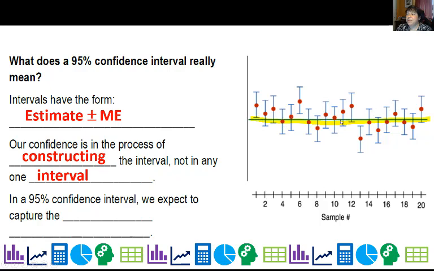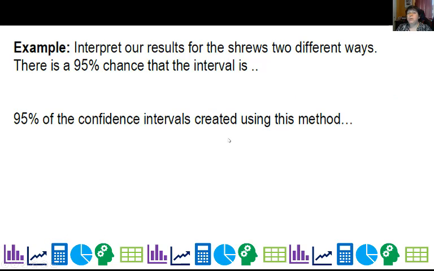And you can see if this yellow line represents what the actual value is, we're fairly confident that several of these will capture it, not necessarily the one we did. So in a 95% confidence interval, we expect to capture the population parameter in 95% of our intervals. That's what it means.